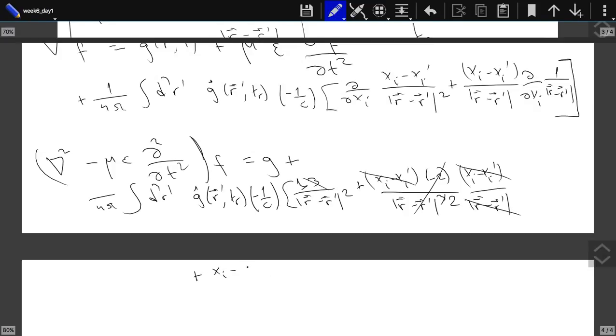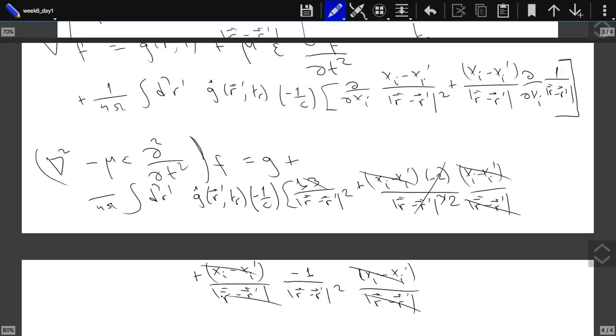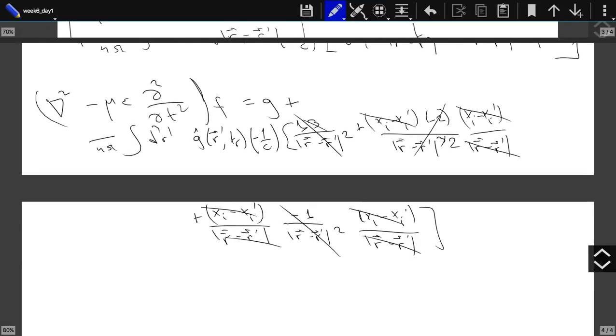Plus xi minus xi prime divided by r minus r prime. That derivative is minus 1 over r minus r prime squared multiplied with xi minus xi prime divided by r minus r prime. But you see again, this times this cancels these two, and so this cancels this one. So that term is 0. And we end up having minus mu epsilon del squared by del t squared f is equal to g.